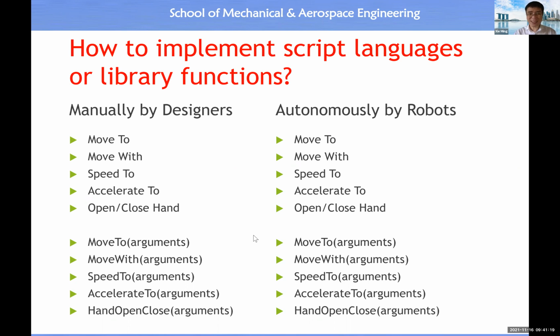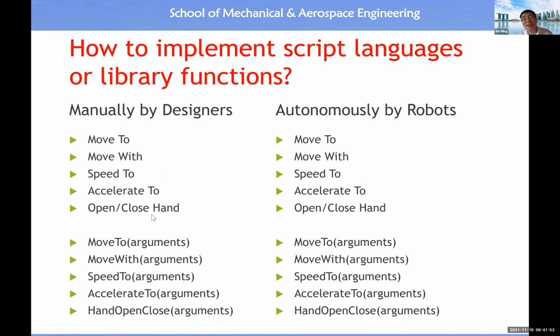But in today's situation, as a designer of a robot, you must have a team with the focus on the manual development of these commands in script language and these library functions. Because when you want to sell your robot as a product to the buyer, you must provide this script language and library function.